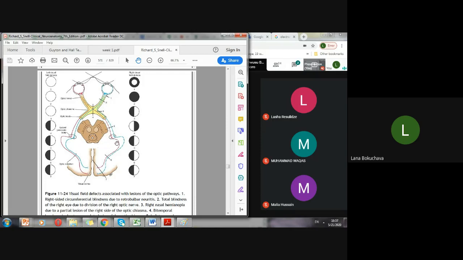That's what we call homonymous hemianopia, where homonymous means that it is on the same side. So if you see here, homonymous hemianopia or hemianopsia, what part of the visual field is this? This is the left. As a result, we call it left homonymous hemianopia. Is it clear?